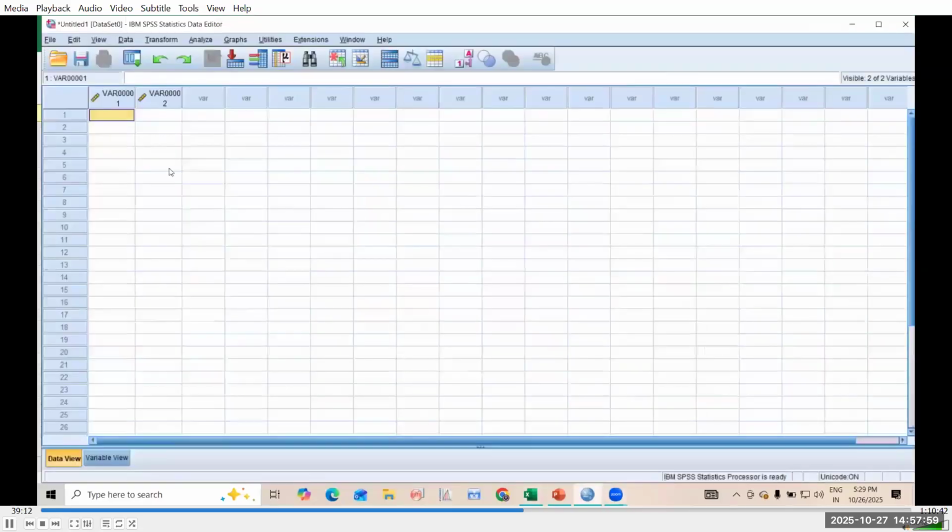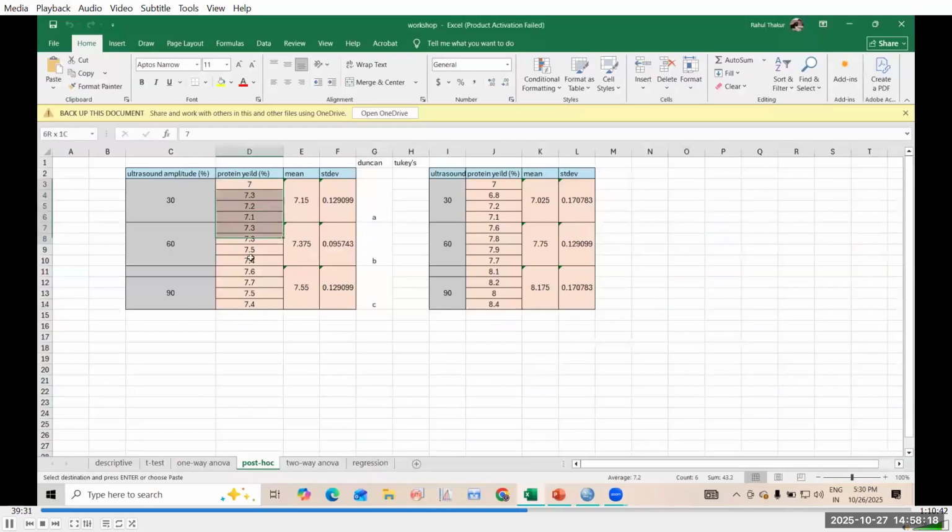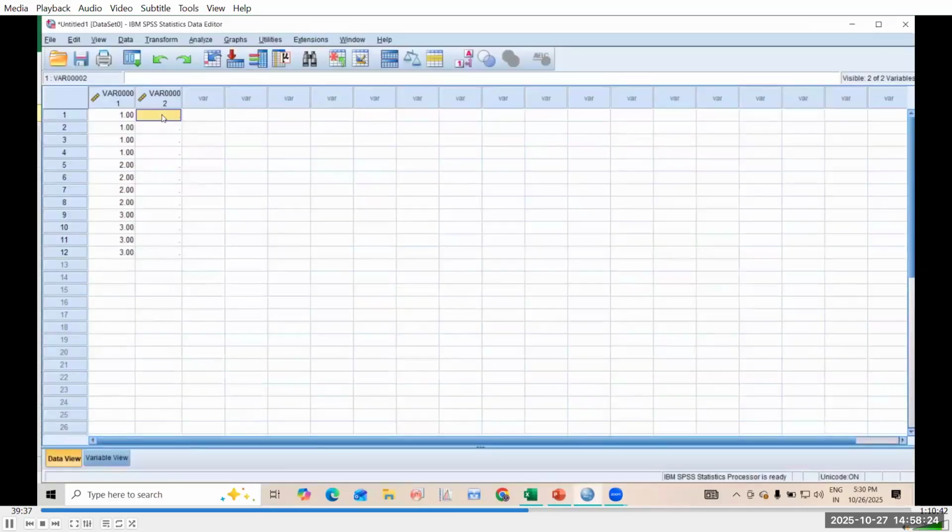So we'll enter 1 four times, and 2, then 3 for 90% of ultrasound amplitude. Then we'll just copy and paste the values as the dependent variable.